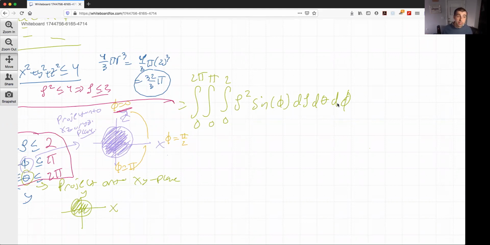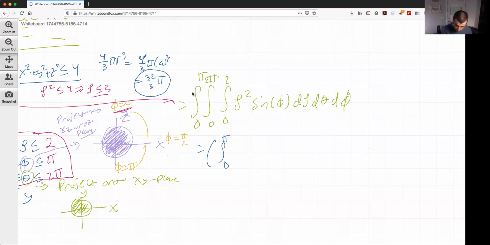And now what's really nice here is because I have a separable function. I'm sorry, I've written this incorrectly. The 2 pi should be in the middle. Sorry about that. Right, from 0 to 2 pi. So since this is a separable function and these are all constants, we can utilize Fubini's theorem. Not even Fubini's theorem, I mean, we could if we wanted to, but I can use the fact that they're separable to integrate each one individually.